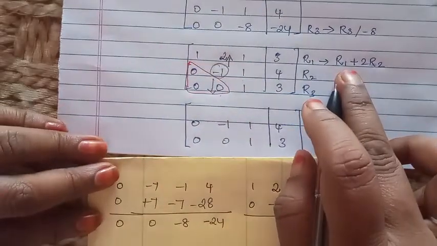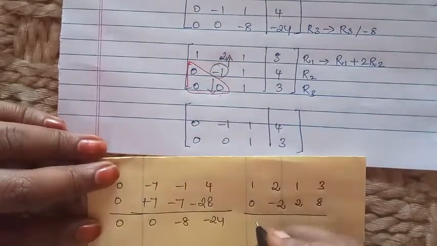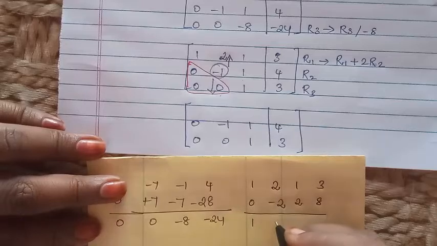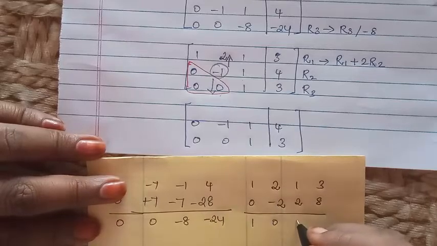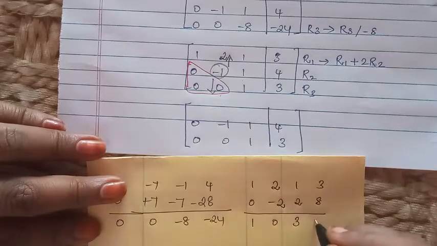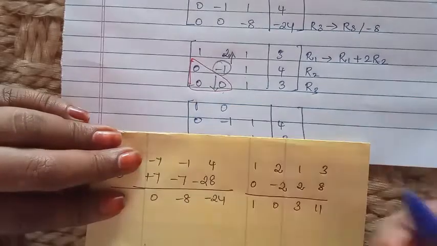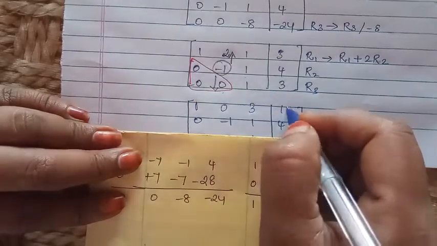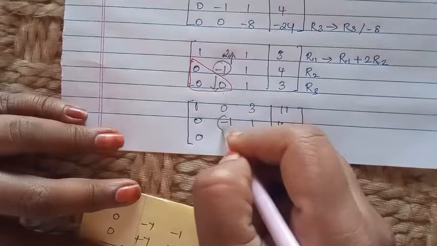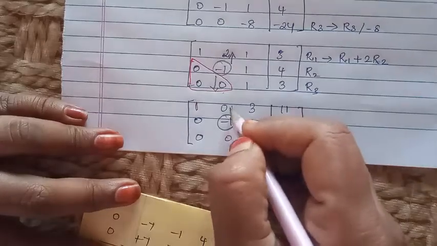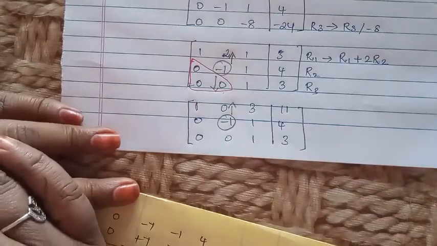Since the operation is addition, there is no need to change the sign. Simply write it. 1, 0, 3 and 11. The value above the second diagonal has also become 0.